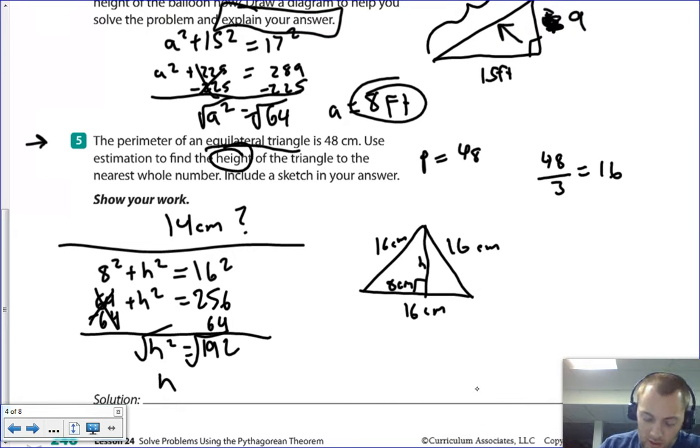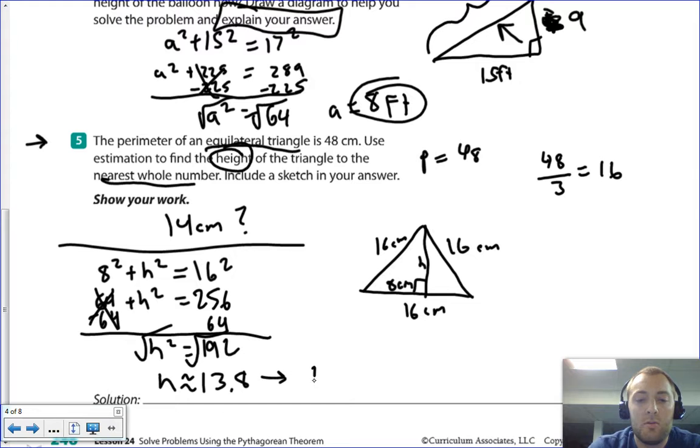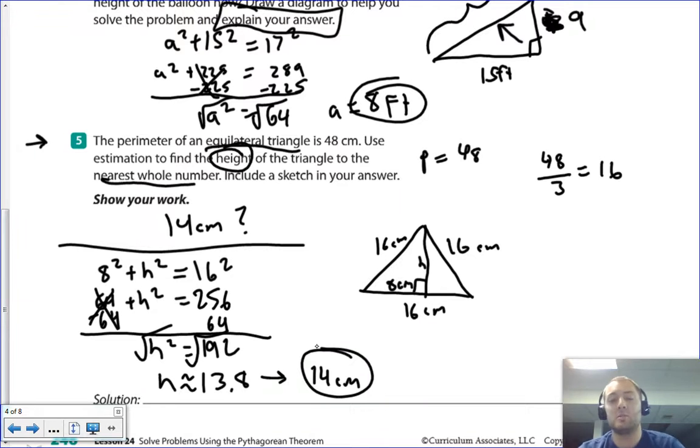So the square root of 192 is about 13, I'm going to round here, it's about 13.8, and rounded to the nearest whole number would be 14 centimeters. So my estimate was correct, and maybe that was your estimate too. And this is how you can show how to actually do it. So the height's about 14 centimeters tall.